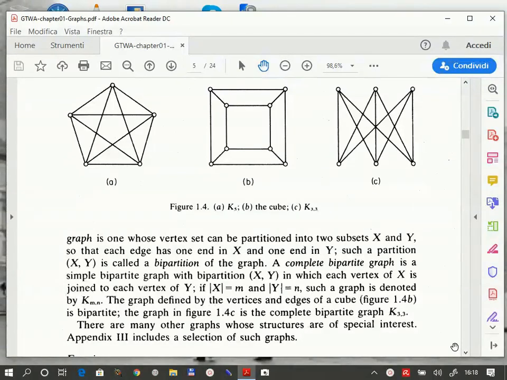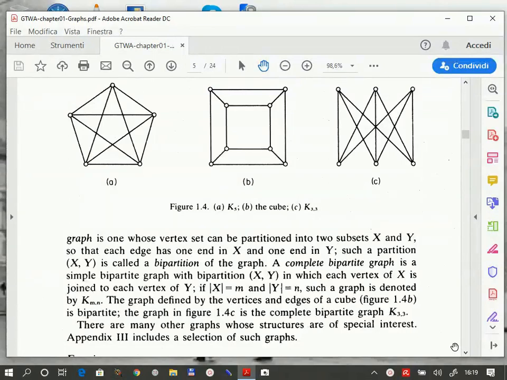You see very easily that you don't have any edge between two vertices of family A, no edge between two vertices of family B, and the edges are all between one of A and one of B. This is also what is called the complete bipartite graph with 3 and 3 vertices, K3,3, in the sense that it has 3 vertices in family A, 3 vertices in family B, and it has all possible edges between vertices of family A and vertices of family B, okay?